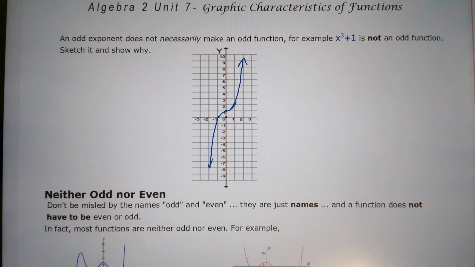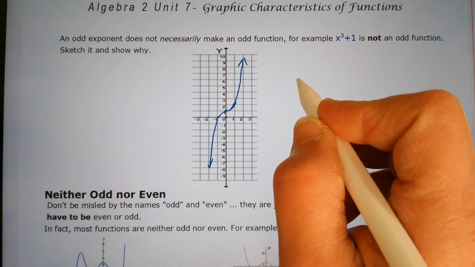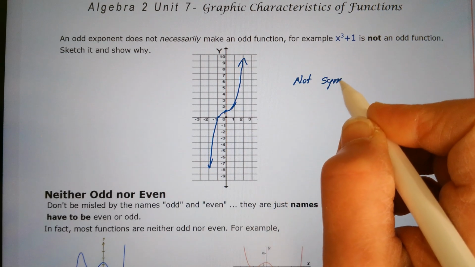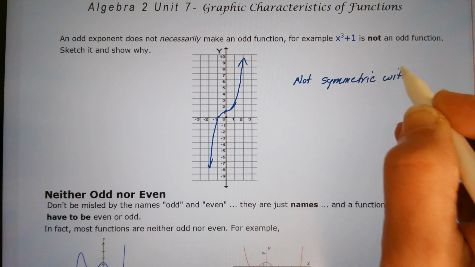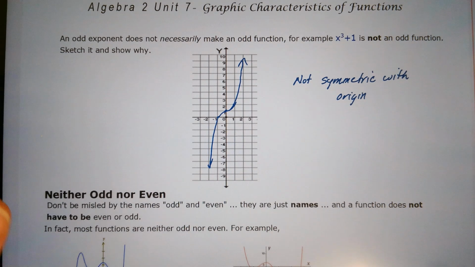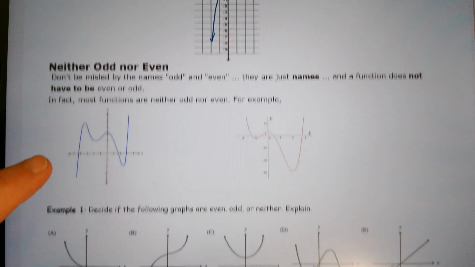This is not symmetric with the origin. Neither even nor odd.